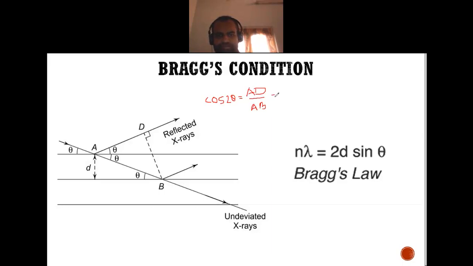So what is the value of AD then? We are required to calculate AD. That is AB cos twice theta.